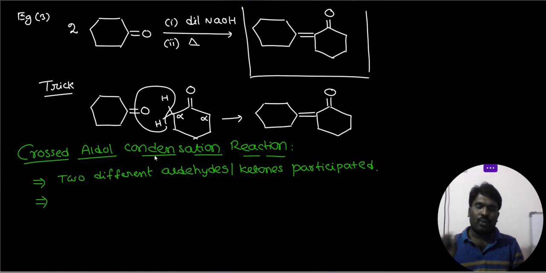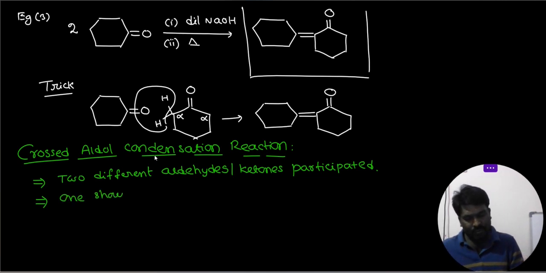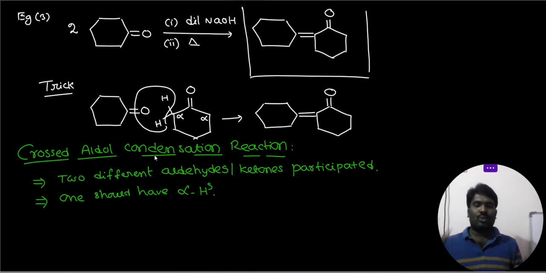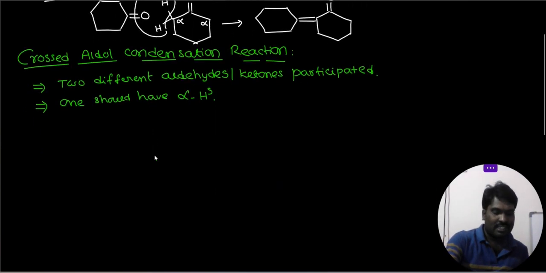Among the two, at least one should have alpha hydrogens. Clear? So two different aldehydes or ketones participate, and at least one should have alpha hydrogens. Then they can be involved in crossed aldol condensation.